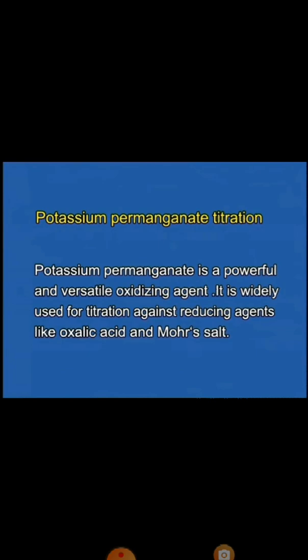Potassium permanganate titration. We can say redox titration as well as potassium permanganate titration. Potassium permanganate is a powerful and versatile oxidizing agent.